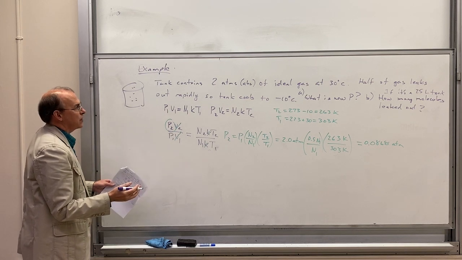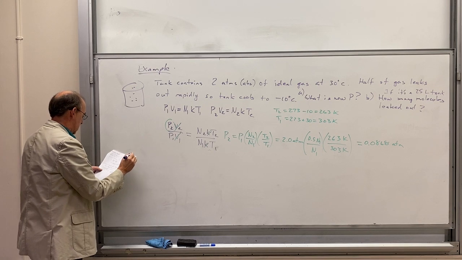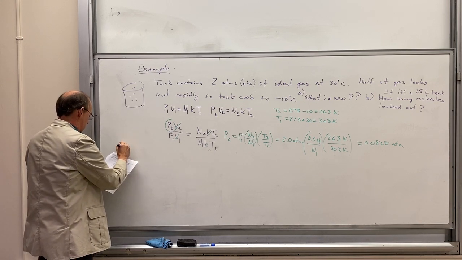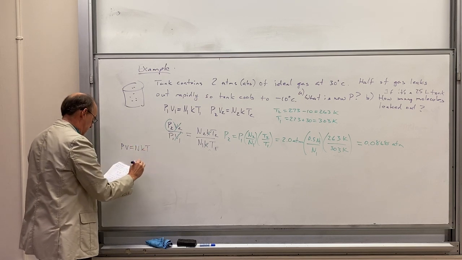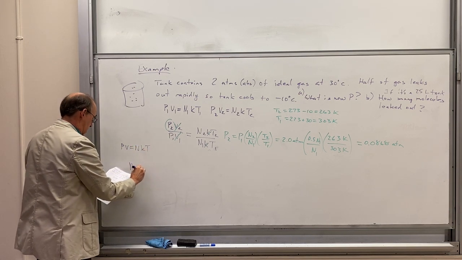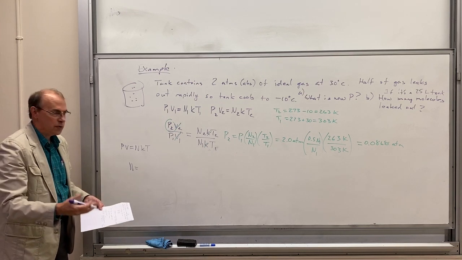So we know half of the molecules did. So let's see. We're going to use PV is NKT. We're going to compute how many molecules we had, and then say half of them leaked.